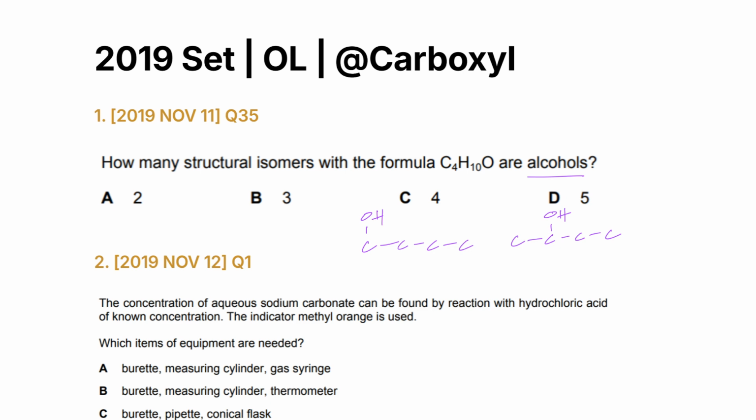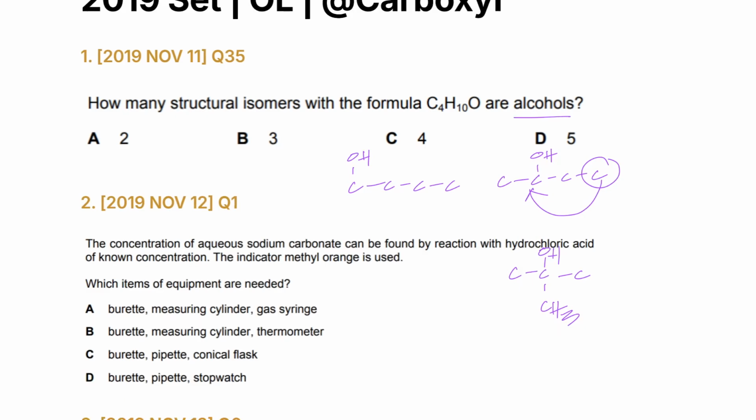But you need to understand that it's not in fact A, because you could also take this CH3 and place it on the middle carbon. Now if you place it on the middle carbon, you're going to get something like this, and even if you want to name it, you could select the longest carbon chain like so.